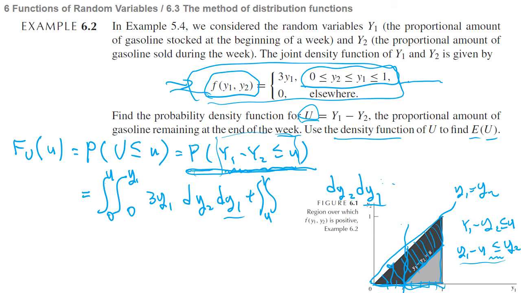y2? y2 is defined from here to here. So this one is from this formula. This is y1 minus u. So y1 minus u to y1. So 3y1.